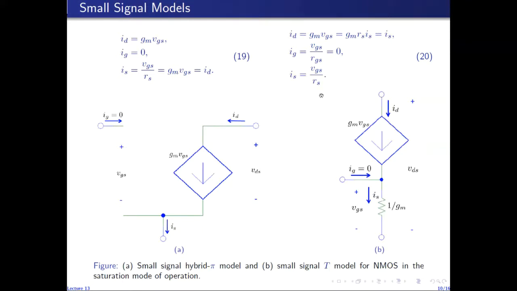Since these two sets of equations are exactly equivalent to each other, these two models are exactly equivalent. So one may use this model or this model to model the underlying device as a linear circuit, and the resulting amplifier as a linear circuit as well, to find other small signal parameters.